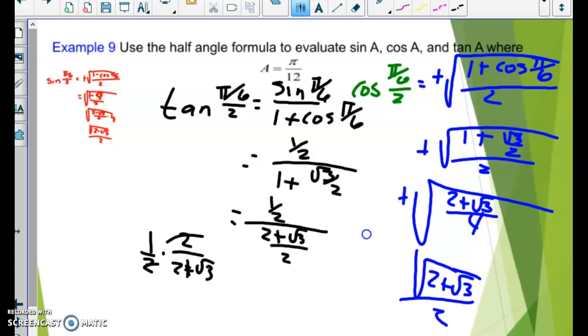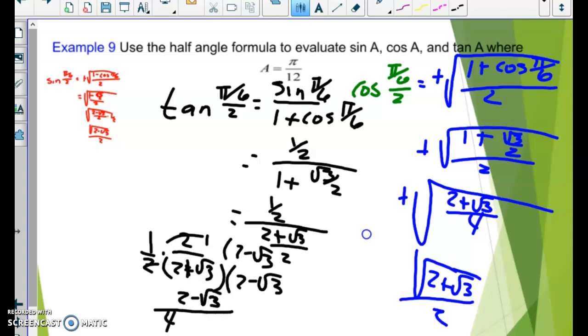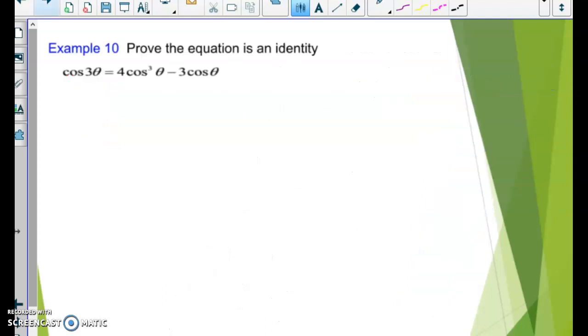And I can still cross off that, but in this case where there's two terms in the bottom, I'm going to end up multiplying by the conjugate, which is 2 minus root 3. And so I get 2 minus root 3 over 4, inside, inside, outside, outside go away because it's a difference of squares pattern, minus 3, which ends up being 2 minus root 3. There we go. Sorry about that.